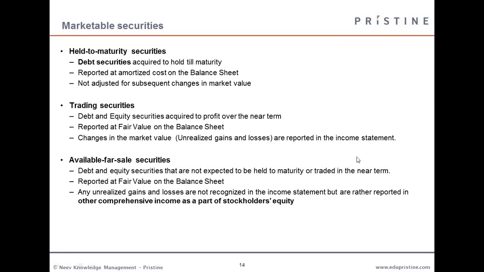In this case, the only difference is that they are not recognized in the income statement, but are reported in other comprehensive income as a part of stockholders' equity. Instead of reporting as unrealized gains and losses in the income statement, they are reported in other comprehensive income, which comes as a part of stockholders' equity.